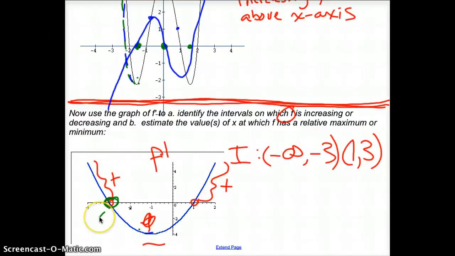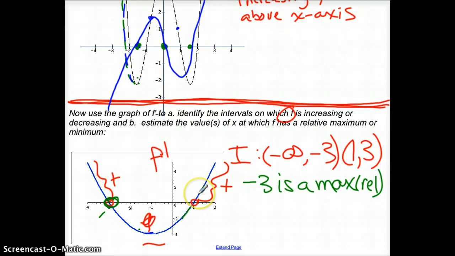Max. So actually, the point -3 is a relative max, so you should put that on there. Same over here. 1, it goes from negative to positive, so the original function went like this, right? Basically, you're looking at a cubic function is what it originally was. Its max was here, its min was at 1.